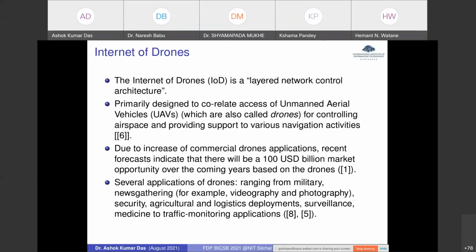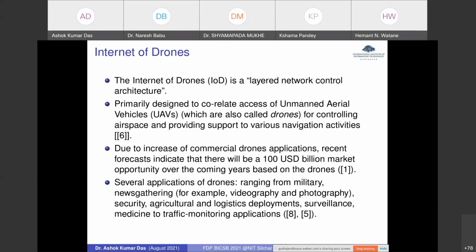As a result, we now see several applications of drones. It could be military applications, or news gathering, for example videography and photography, particularly in the COVID scenario, where drones can collect videography and photographs from certain areas. We can use drones in agricultural fields, logistics, and surveillance in a smart city.